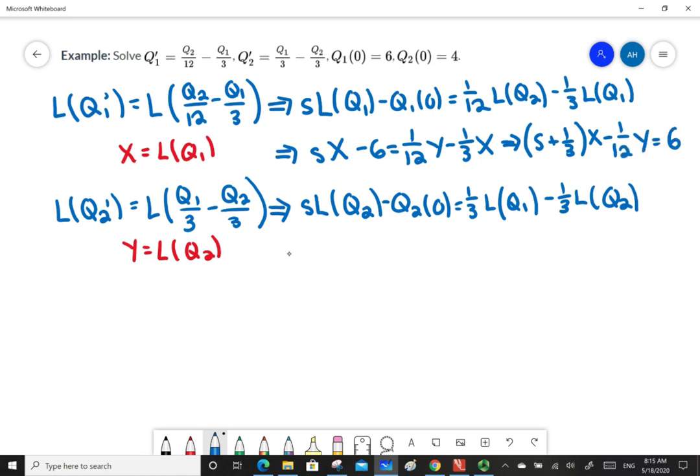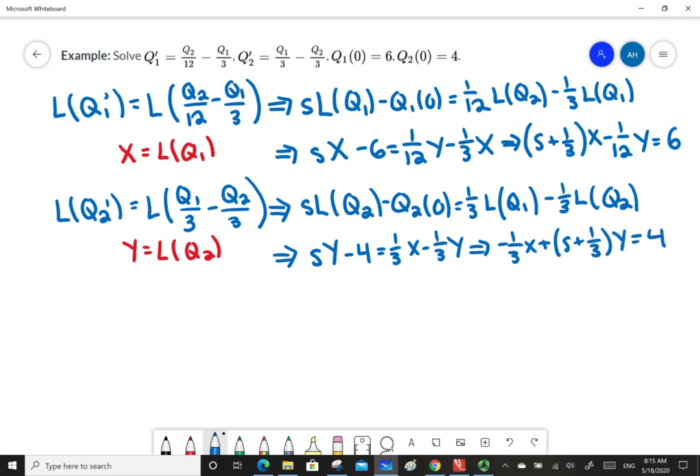And for the second equation, s y minus 4 equals 1/3 x minus 1/3 y. So negative 1/3 x plus s plus 1/3 y equals 4.